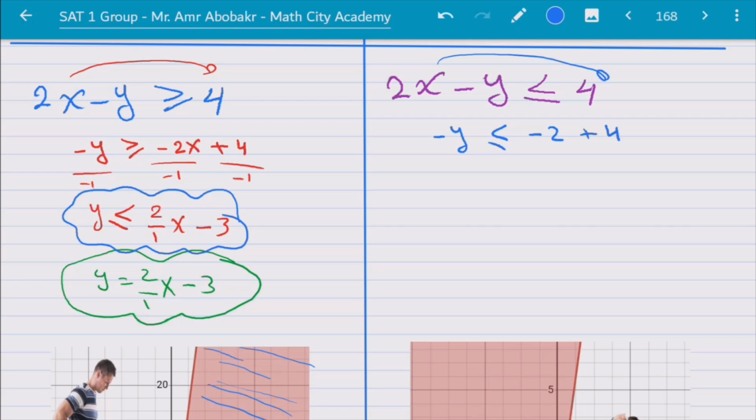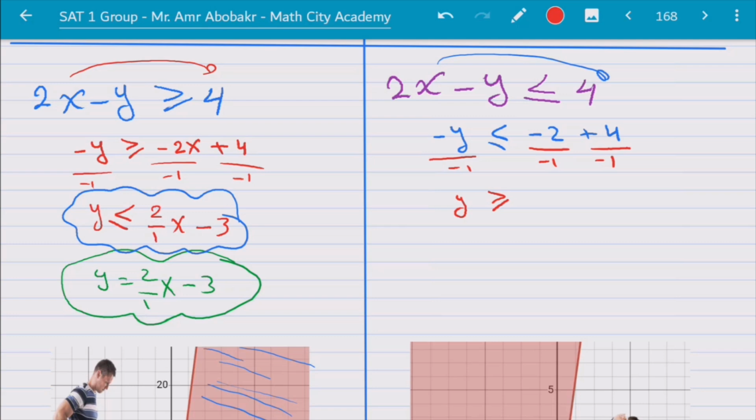So divide by negative 1. If we divide by a negative, don't forget to change the direction of the inequality sign. So y is greater or equal. This is the correct inequality that we will represent.